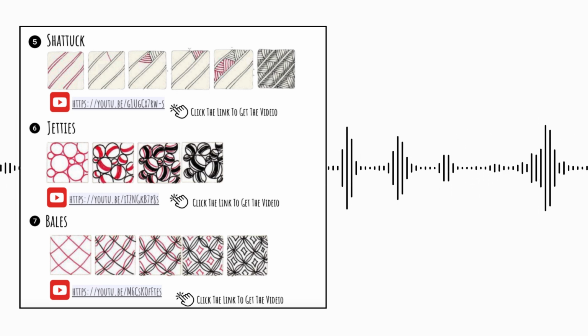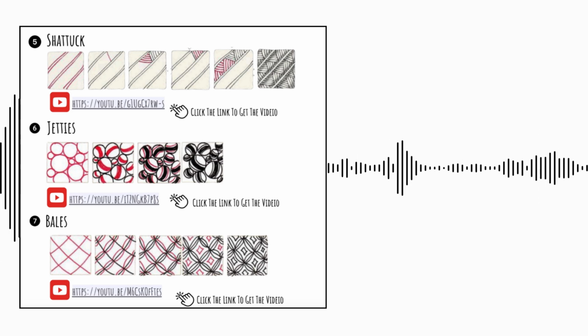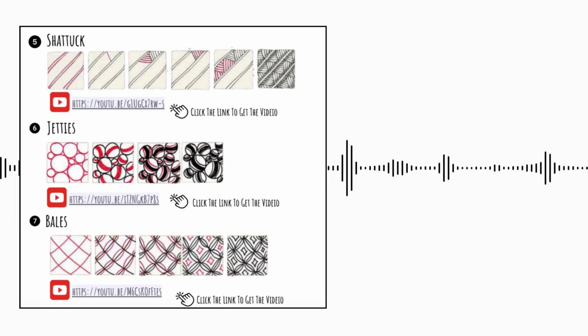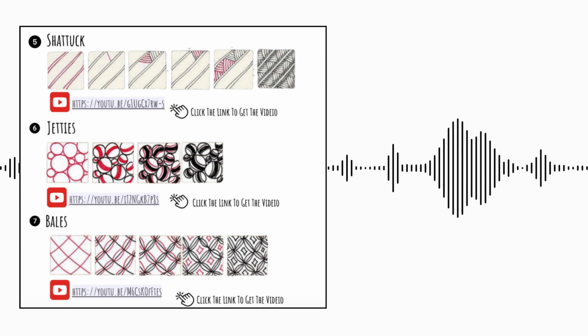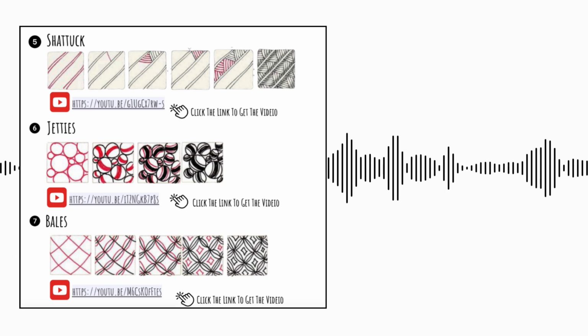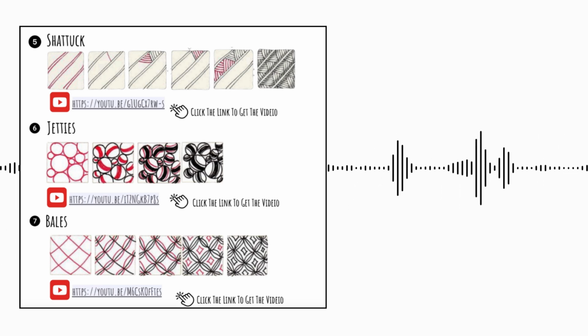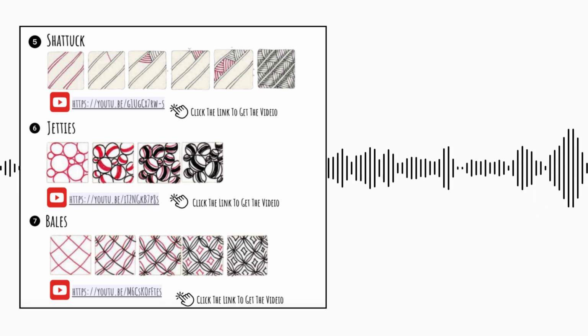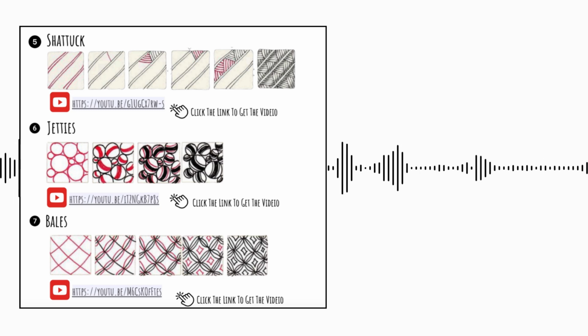You might not even see that meta pattern unless you shade it in a certain way. And the shading isn't just about making it look darker. It's really a tool for highlighting and interpreting these underlying forms and relationships within the pattern, guiding the viewer's eye and revealing those subtle complexities.